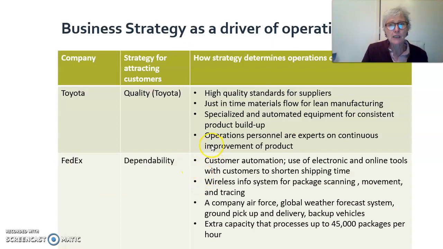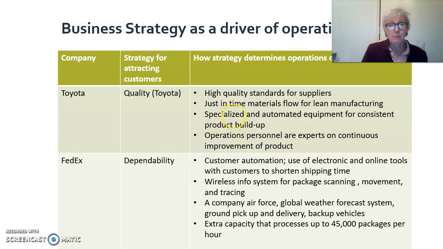So when they determine their operations, Toyota wants to have high quality standards, for example, also for their suppliers, or they need just-in-time materials flowing into the organization so that they can produce in a lean manufacturing way.